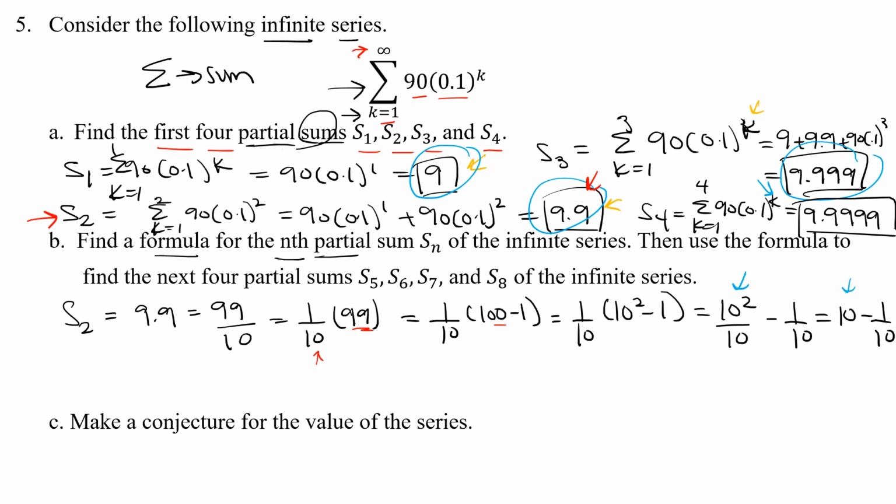Well, what can we do from here, okay? What if we say, I'm going to just come over here now. We said we have this 10 minus 1 over 10, okay? Well, that is the same thing as saying 10 minus 1 over 10 to the first power, right?